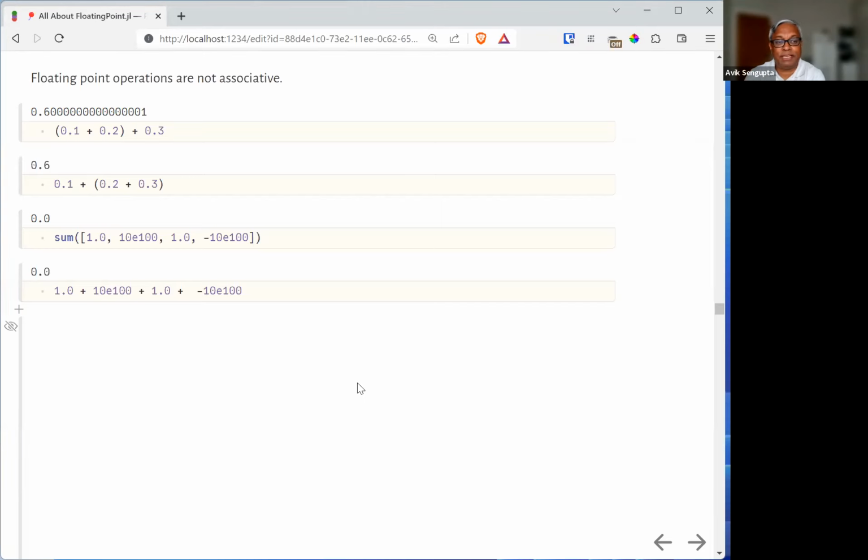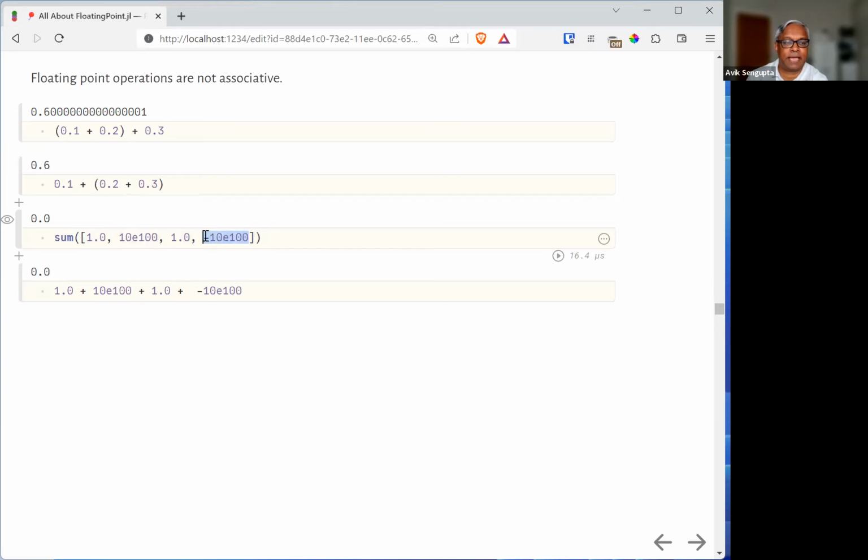So one way it can blow up for you is if you're calculating the sum. In this line here, I'm calculating the sum of 1, 10 to the power 100, another 1, and minus 10 to the power 100, right?